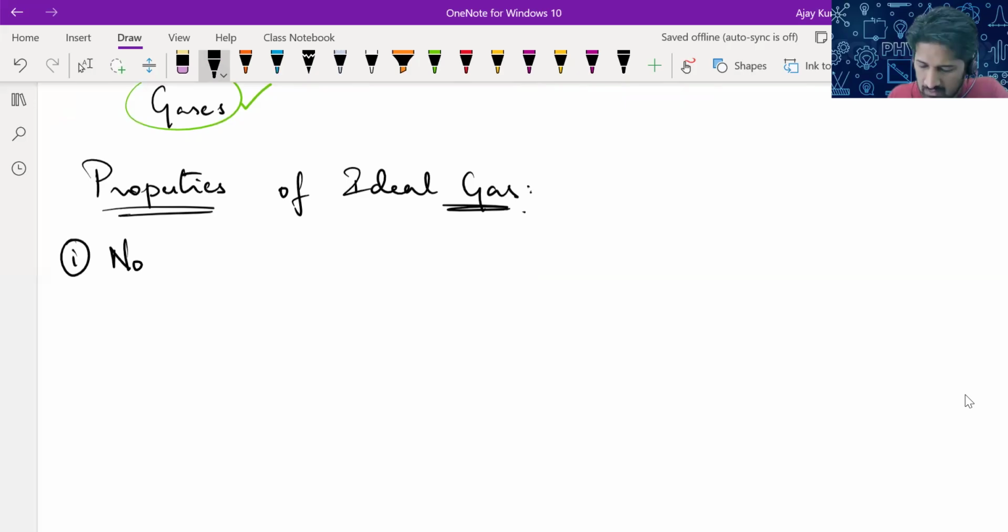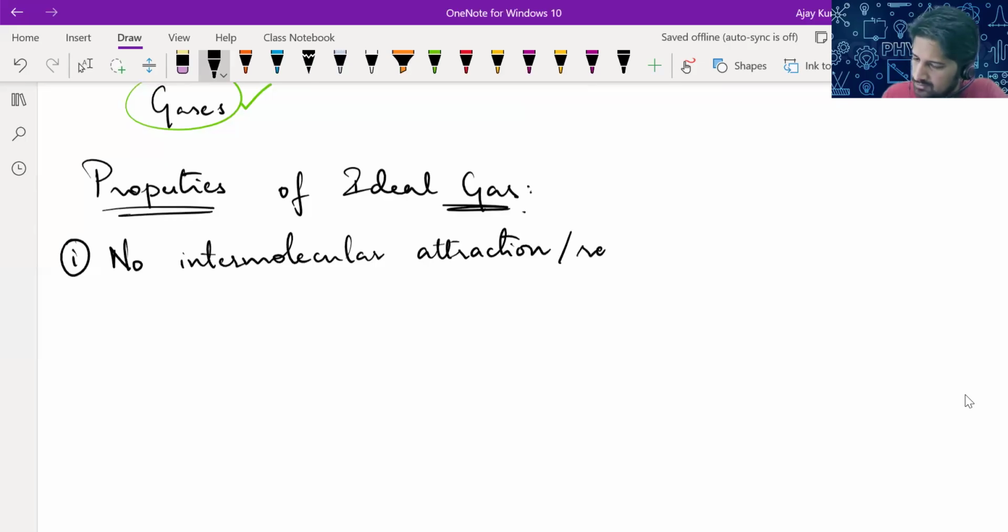No intermolecular attraction or repulsion also. Next, we know gas molecules are never stationary. They are stationary only when the temperature is 0 Kelvin, absolute zero of temperature.